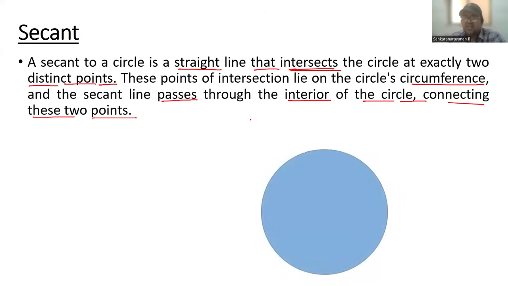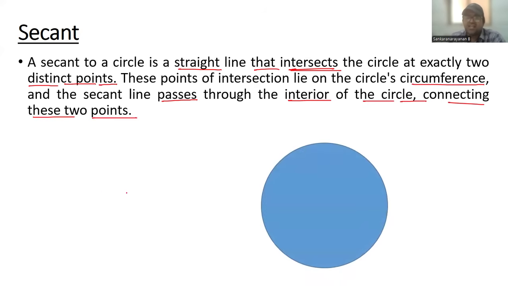So I shall draw how the secant looks. Let me consider the point, say P, here. From this P, a line is passing in this manner, and you can consider that it extends further.